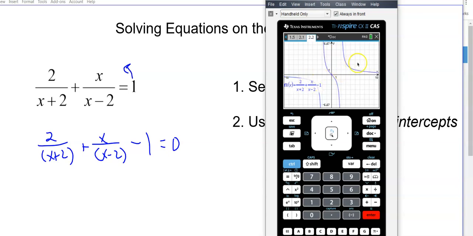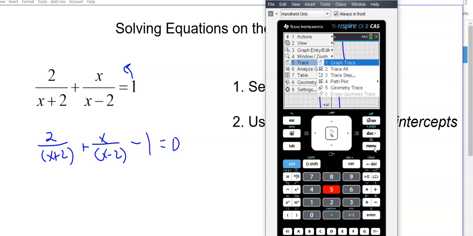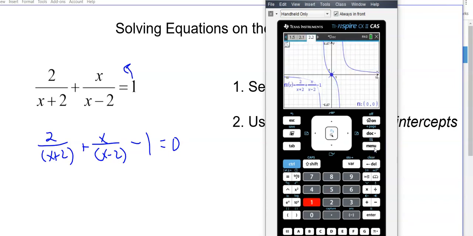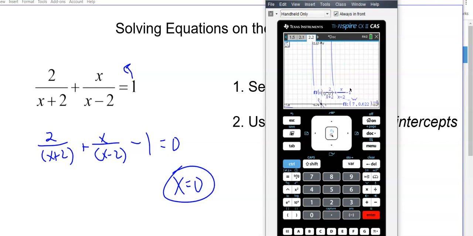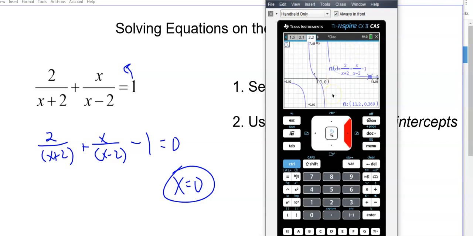So we just want to trace that and find the intercept. So menu 5, 1. And right away, I see an answer is x equals 0. Solution there. If you scroll to the right, it's kind of like an asymptote of 0.